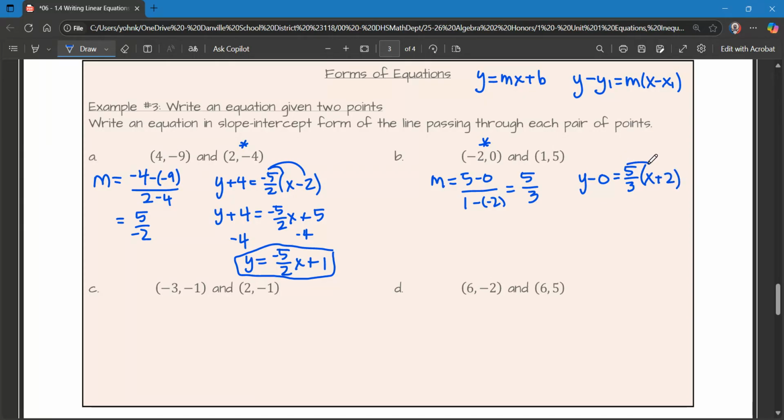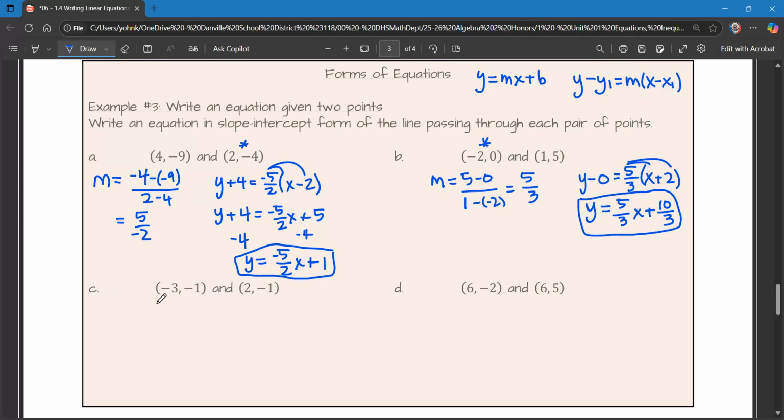I'm going to distribute on the right side, and notice the left side is just y. So we get y equals 5/3 x plus, and if I multiply, 10/3. So that one's really nice because one side simplifies quite easily and you don't have as many steps.